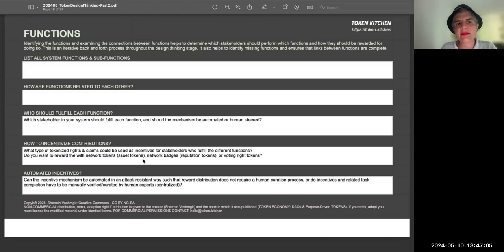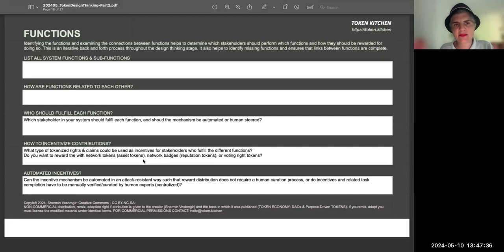And as I said, the most important thing then is to identify who should fulfill this function. This might seem a bit too complex in the beginning. If you do this for the first time, it's an iterative process. Try to be as precise as you can, but maybe not too precise, right? And go back and reiterate once you finish the whole process.